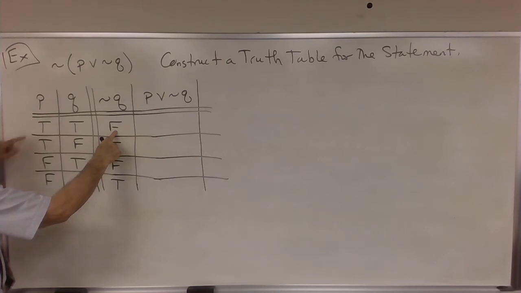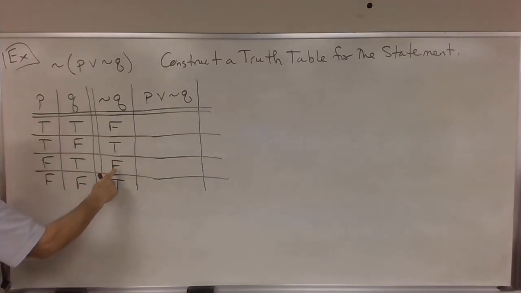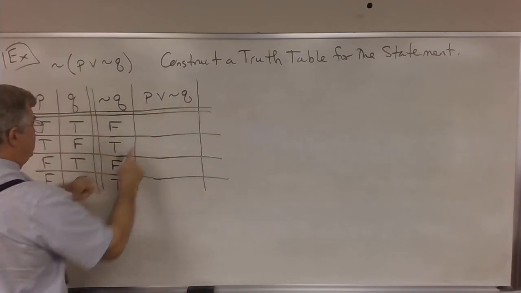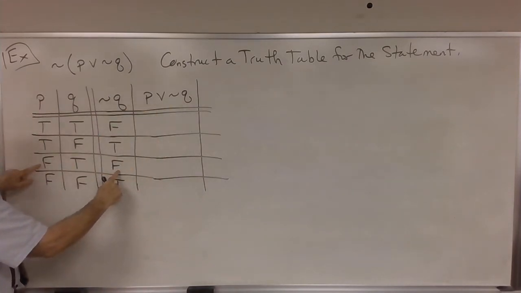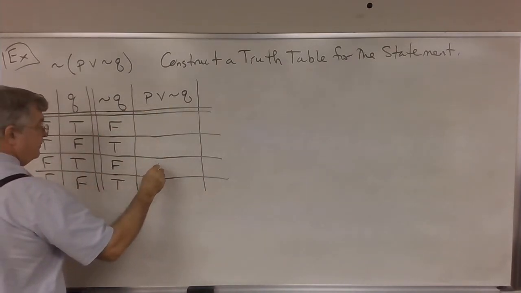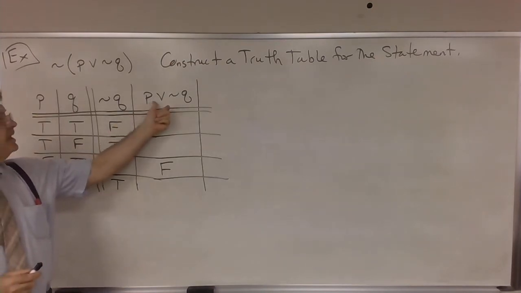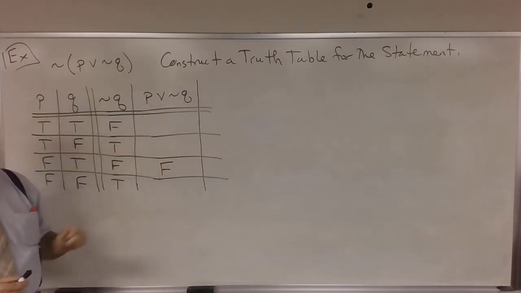Not Q is false here, but P is true. Not Q is false here and P is false. So both of these individual statements are false here. So for this combination of truth values for P and Q, P or not Q is false.